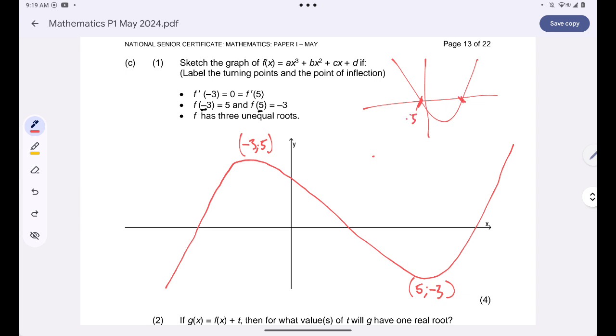So I have negative 3 and positive 5. The turning point of my derivative graph is the point of inflection. How can I find the turning point? I just need to find the average of the two x values, right? So the point of inflection will be here.